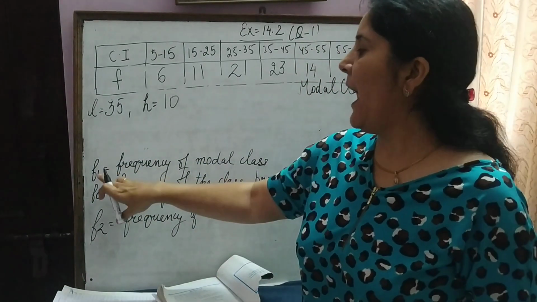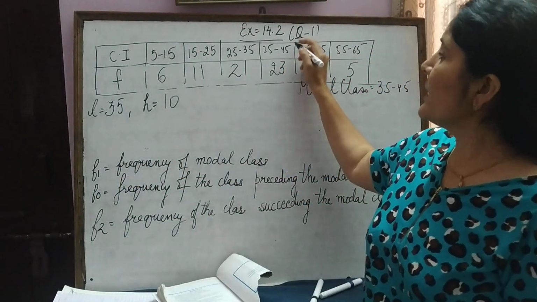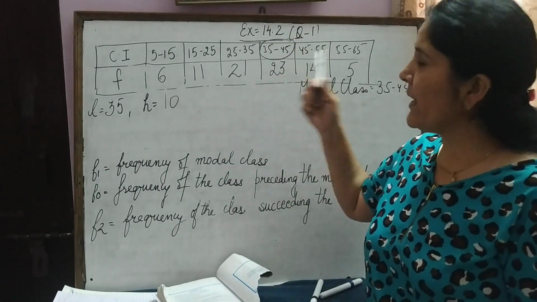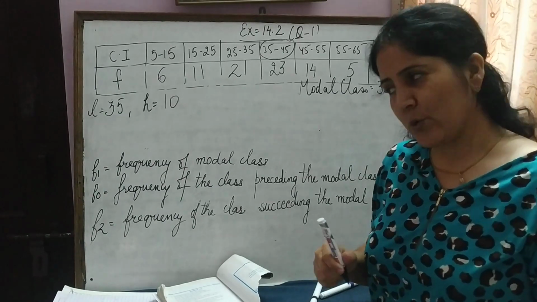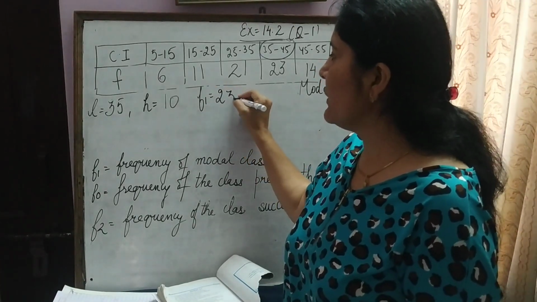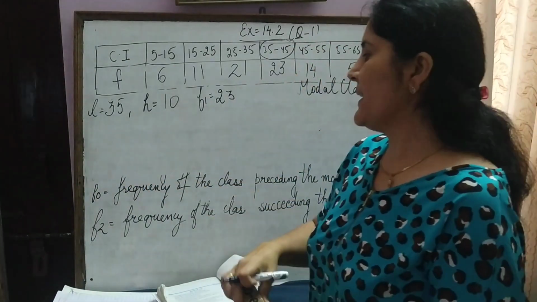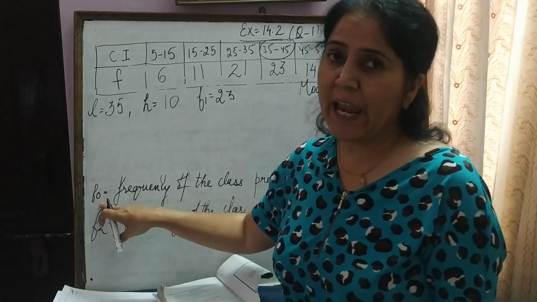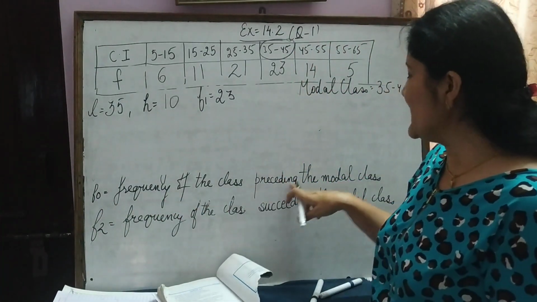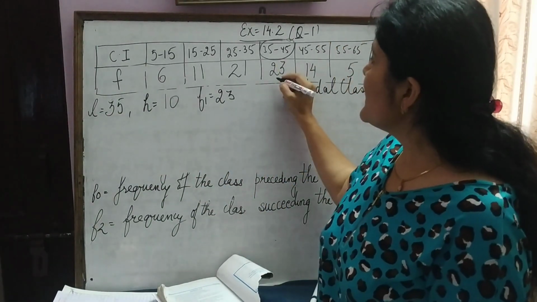Next is f1, the frequency of modal class. Modal class is 35 to 45 and the frequency of the modal class is 23. So my f1 is equal to 23. Next, f0, frequency of the class preceding the modal class. f means frequency.